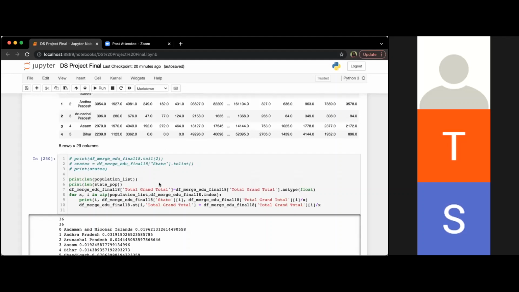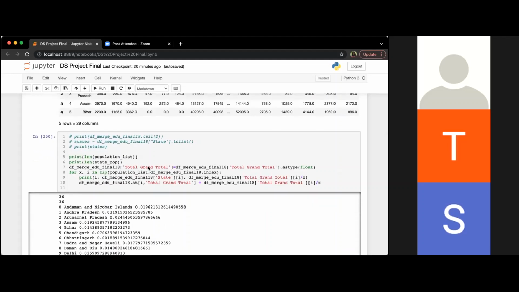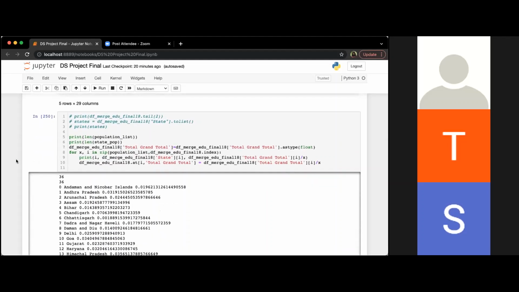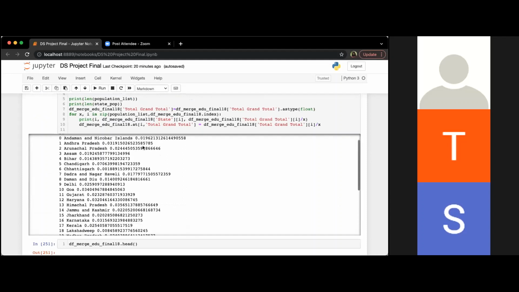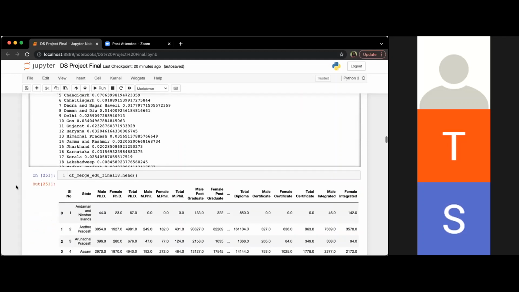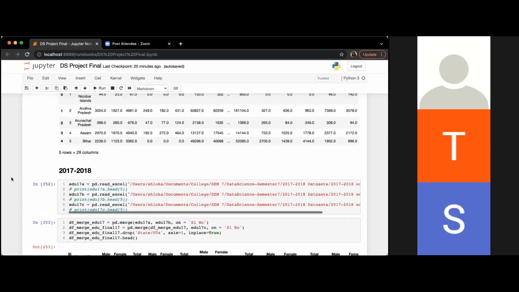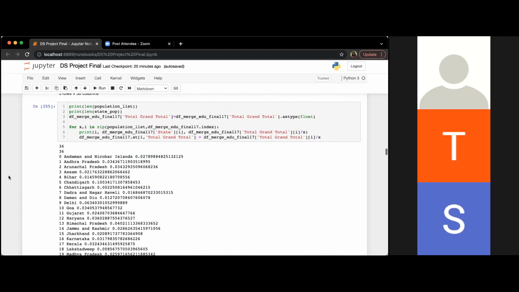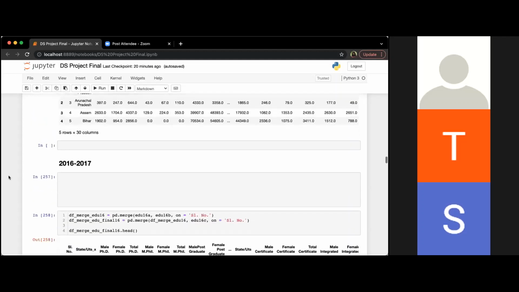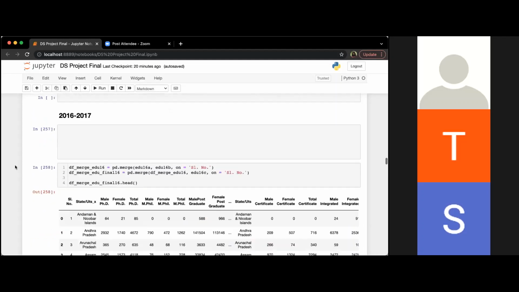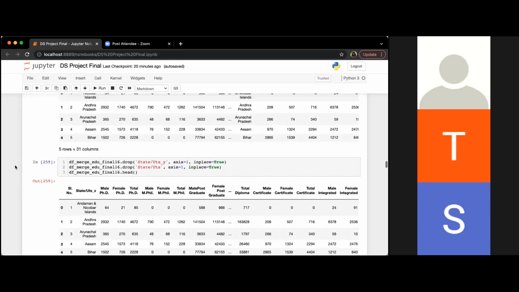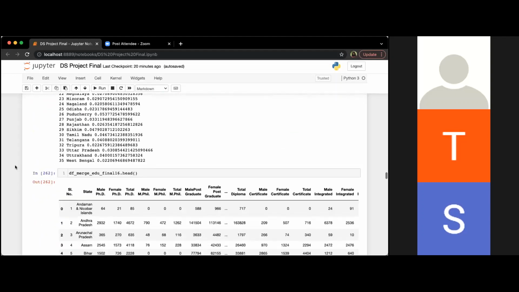Here it's again bringing our data to a common scale, and you can see the grand total looks similar to the previous year's grand total. The same thing is done for 2017-18 and for 2016-17. So that was the pre-processing we did for the education data set.